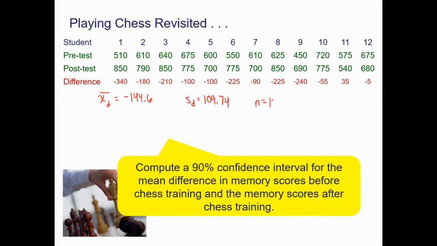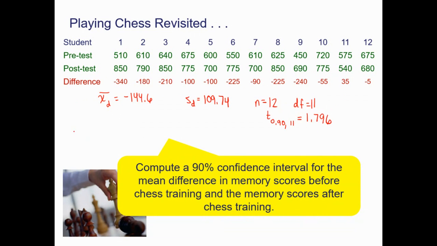N was 12. Degree of freedom was 11. If we were to look up our T critical value, we're doing a 90% confidence interval with 11 degrees of freedom. That would get you a critical value of 1.796.